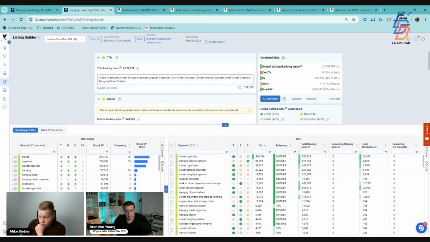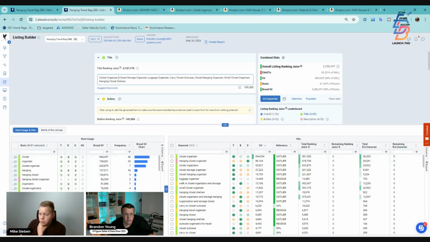We're going to leave closet organizers. Let's put this one as the singular because it's the biggest one. And we're going to get rid of the plural. I guess we already did. It says closet organizers is also in the title, but maybe we already got rid of it.